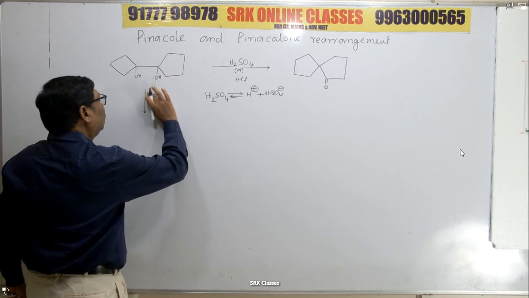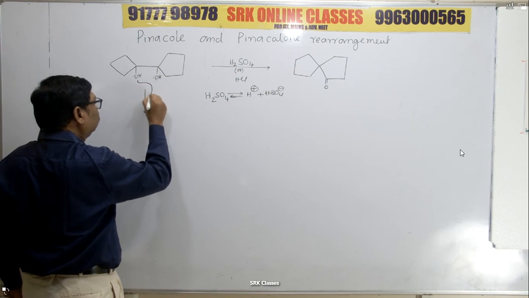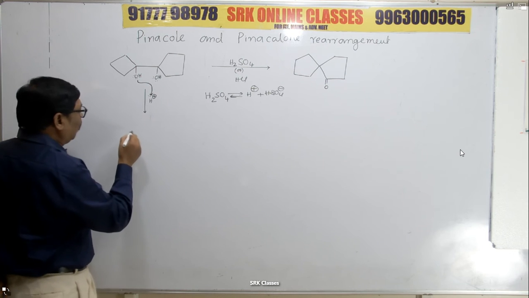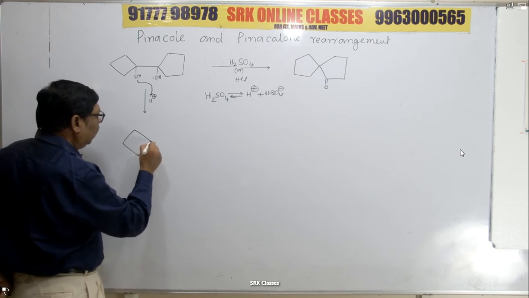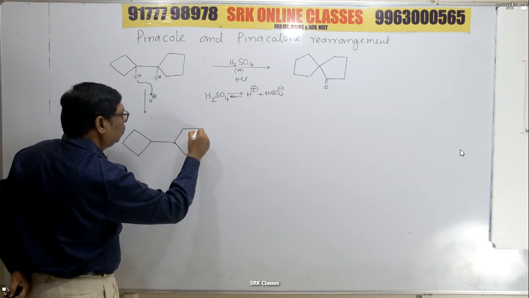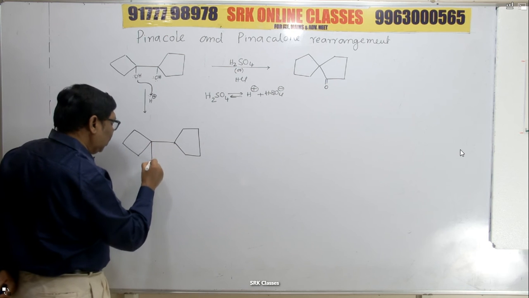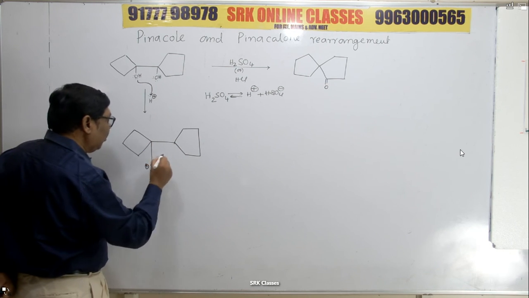Now the proton approaches the 4-membered ring, and that forms a carbocation. Look carefully. This is 5-membered. Now the proton is approaching what? The 4-membered ring. That forms an oxonium ion.